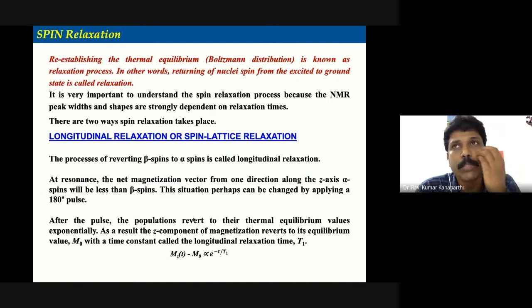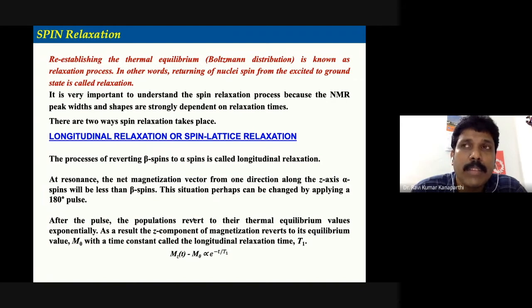Okay, so the spin relaxation process is nothing but re-establishing the thermal equilibrium. That is called spin relaxation in general. You know that before and after applying the RF pulse, there is a situation that we have to remember and recall.